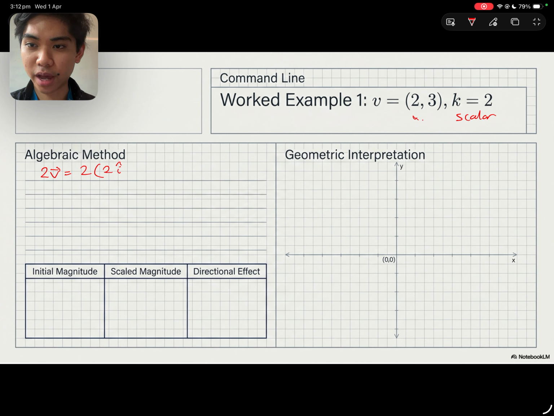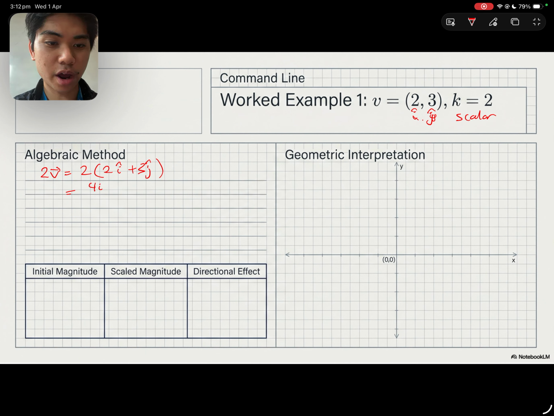So this would be the i component first, and then the j component, plus 3j. And then when we multiply that through, that's going to give us 4i plus 6j.